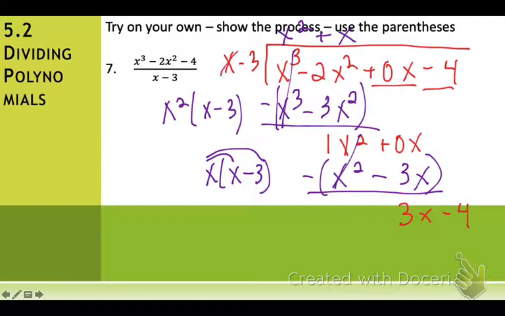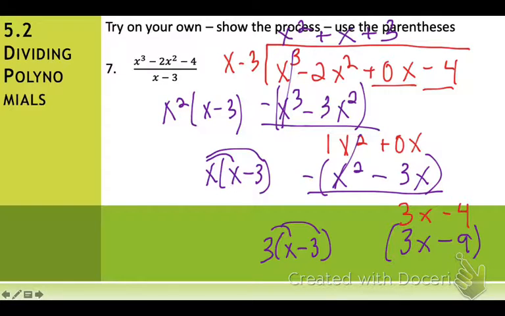Start again. X goes into 3x 3 times, positive 3 times. And so 3 times x minus 3, that's going to be 3x minus 9. Hey, we get a remainder. Cancel, negative 4 minus negative 9 is positive 5.